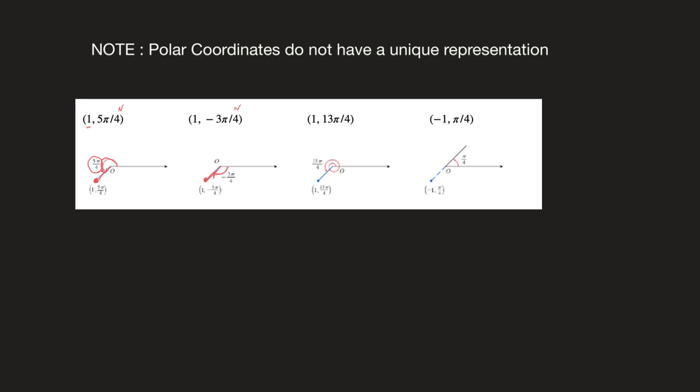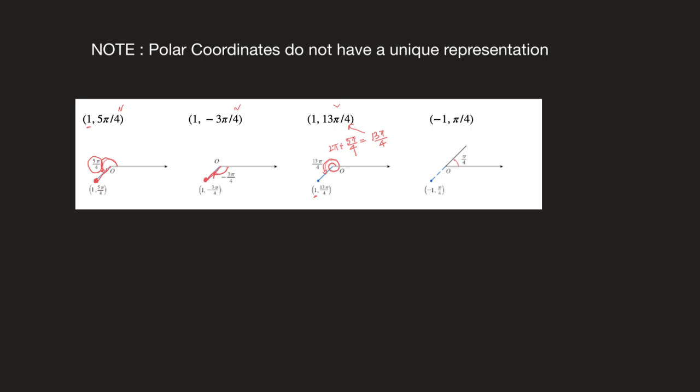Another way: one cycle is 2 pi, so going around once more, 2 pi plus 5 pi over 4, gives a coterminal angle of 13 pi over 4, with radius 1. So you have a third case.